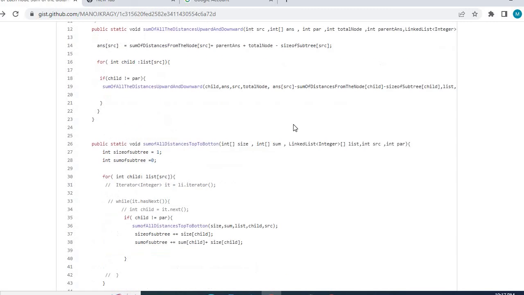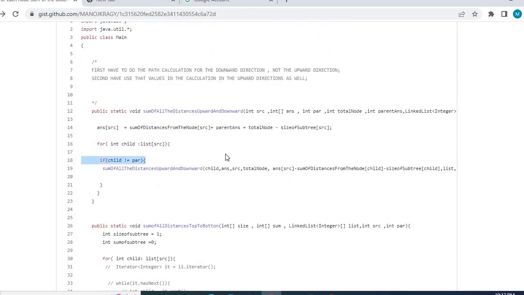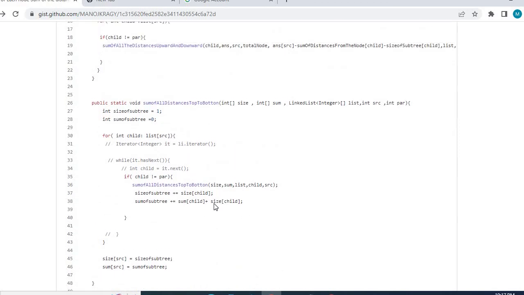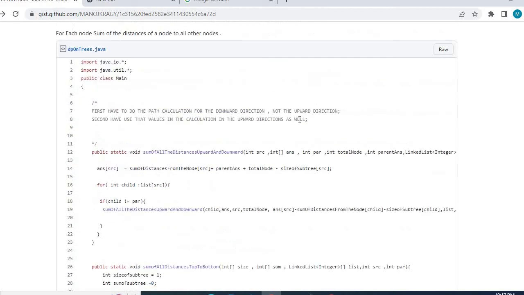Once this pre-processing is done, the main part is this: we know the answer of the leaf node, and then we go backward to the root of it. But in this code, we know the answer of the top root. That is why it is starting from src.